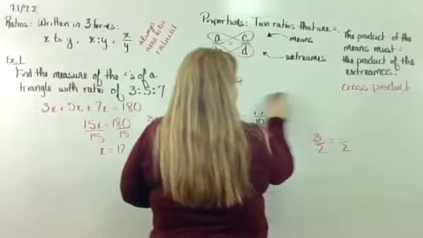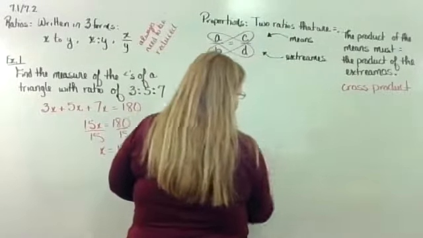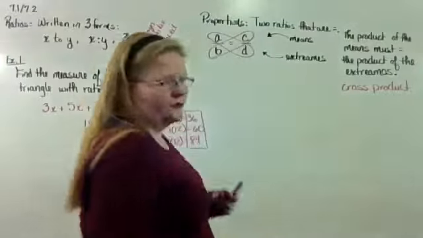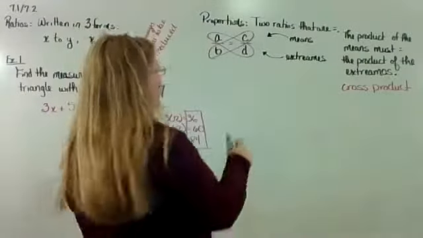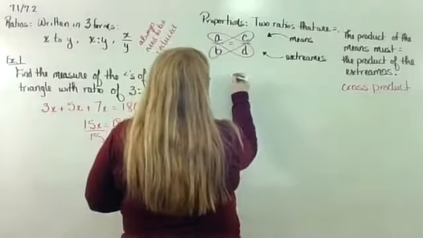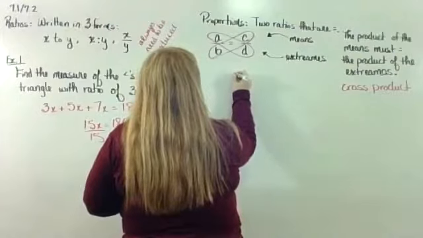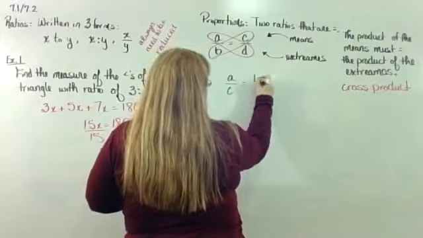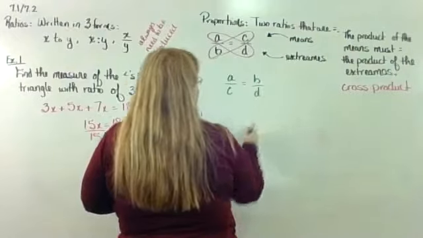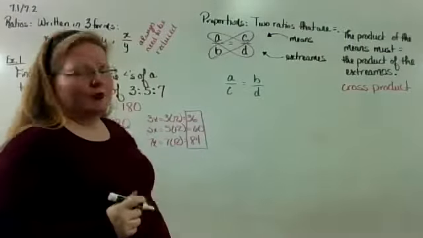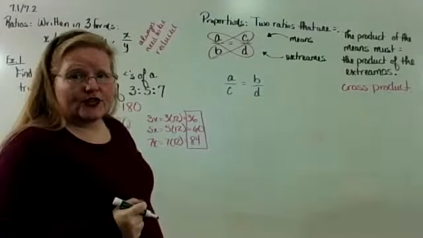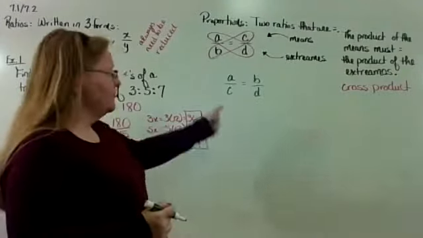So if I have this proportion and I wanted to rewrite it, I could rewrite it like A over C is equal to B over D, because that's a true proportion too. It's a true statement, true proportion. You can write it that way.